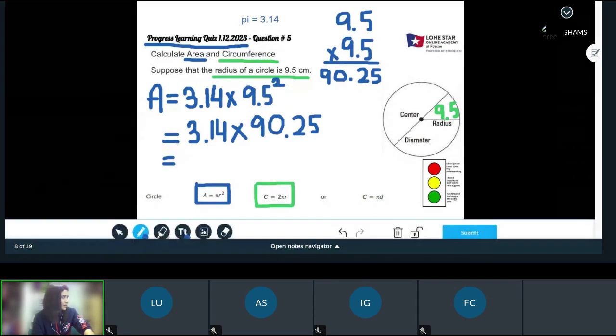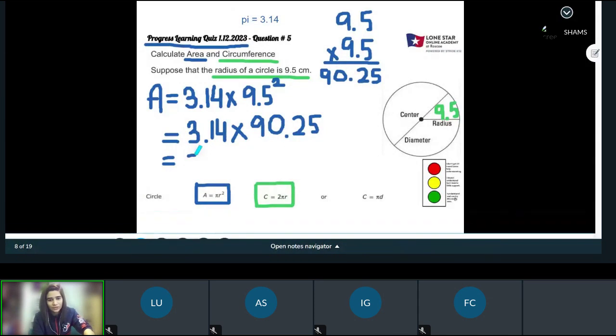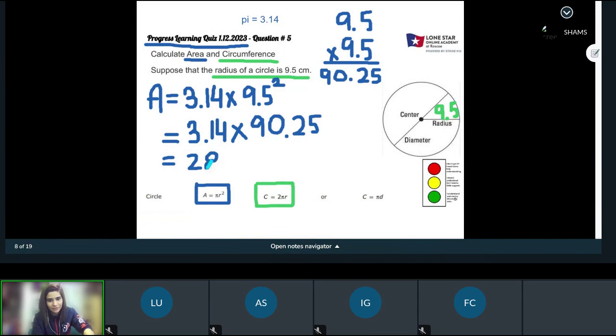Let me see if the quiz required you to round. They want one decimal place. So 283.4. That will be the area. And I'm going to put the units, meters squared.